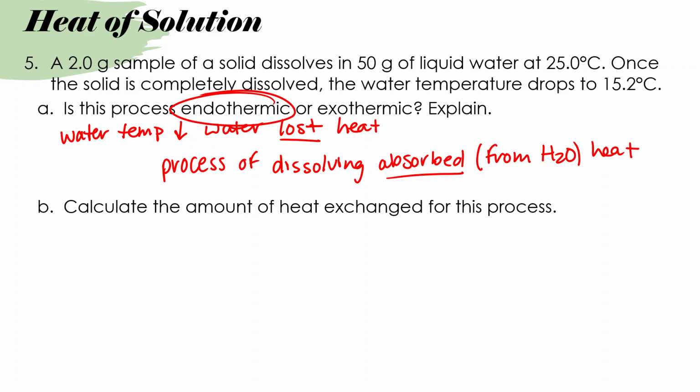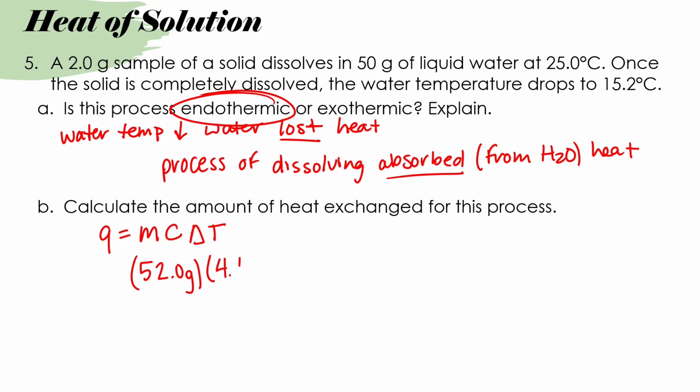We want to calculate the amount of heat that has been exchanged for this process here. So Q is going to be equal to mc delta T. Now we've added 2 grams of this solid to 50 grams of liquid water, which means that our mass is now 52 grams of water plus solid.